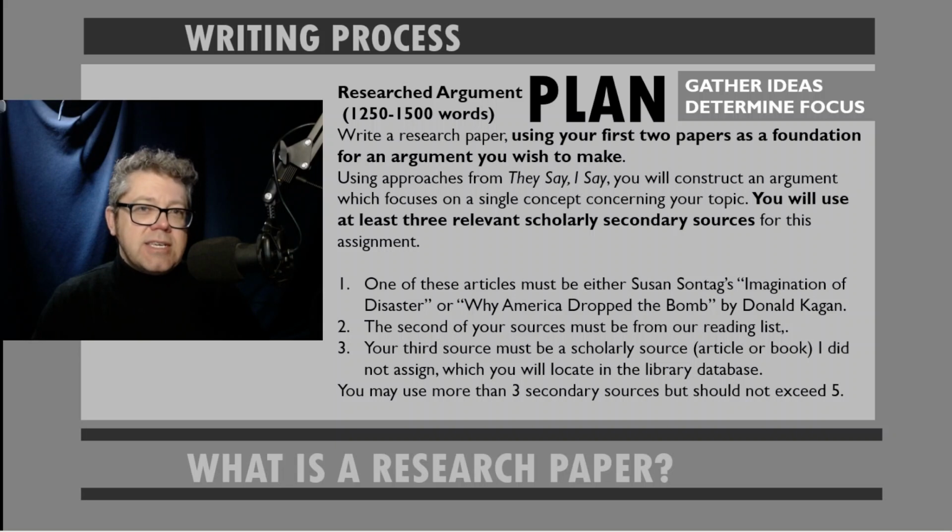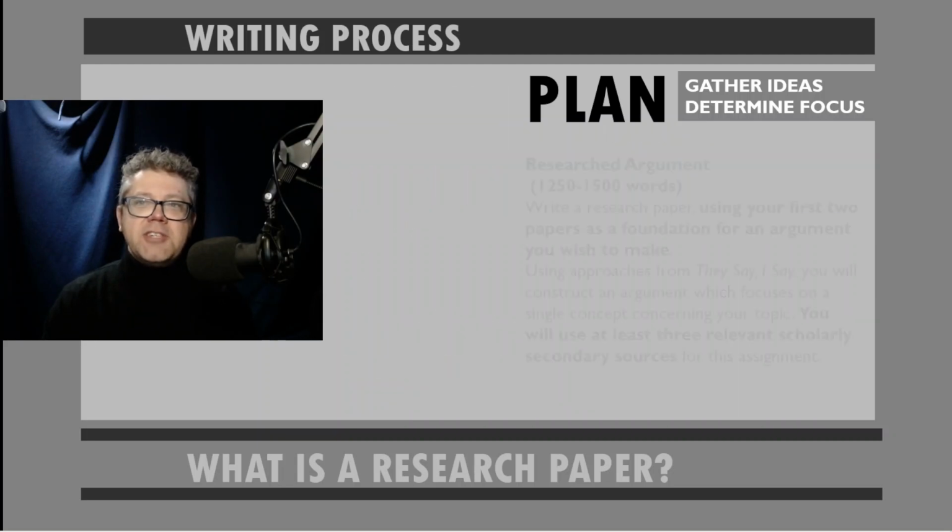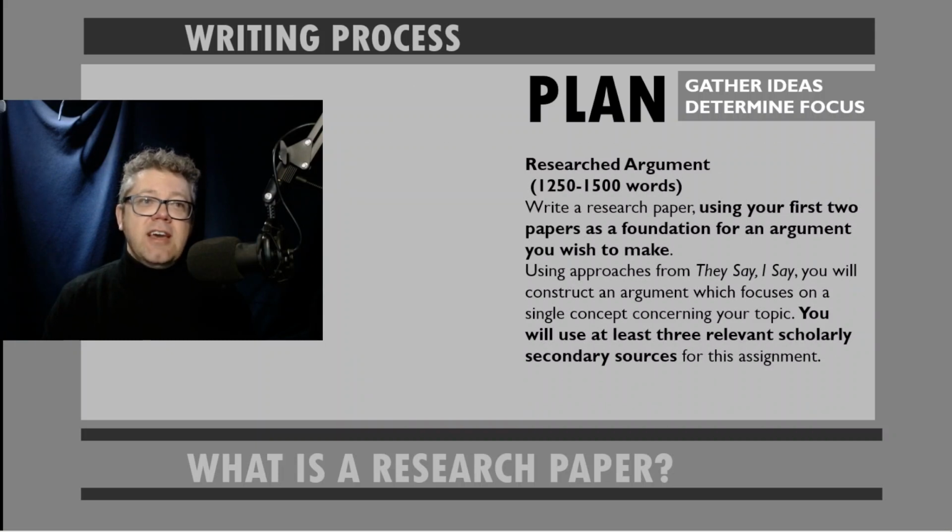If the assignment says at least 3, but has no maximum number, the prof is telling you have room to go and get more. You can exceed that number. Will that make your paper better? Only if you use those sources well. So it's not a guarantee fairy for a good paper that you have a lot of sources. Okay.